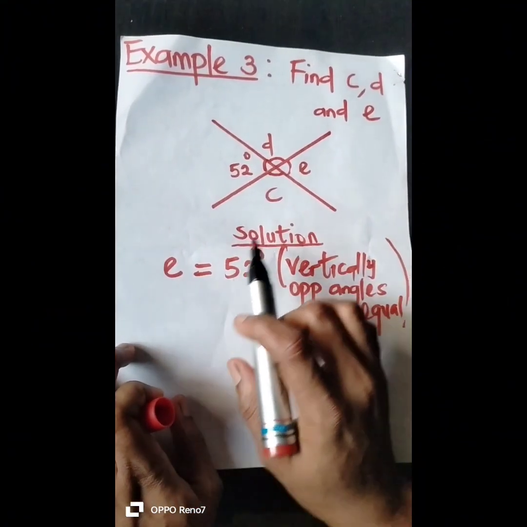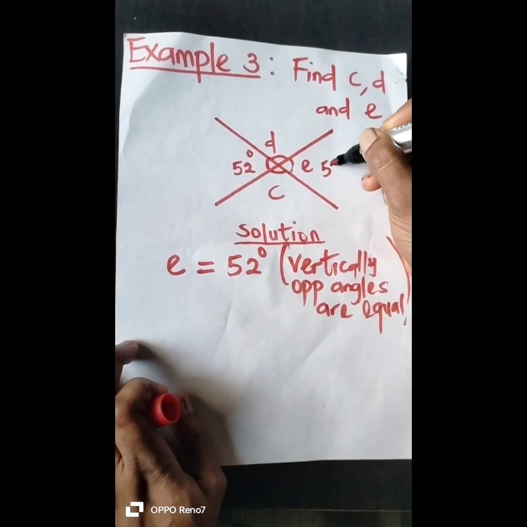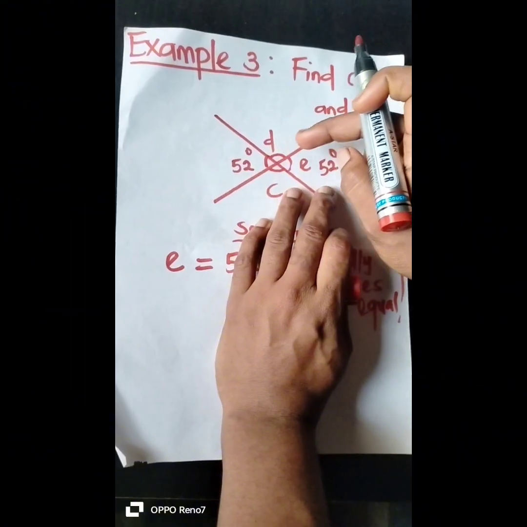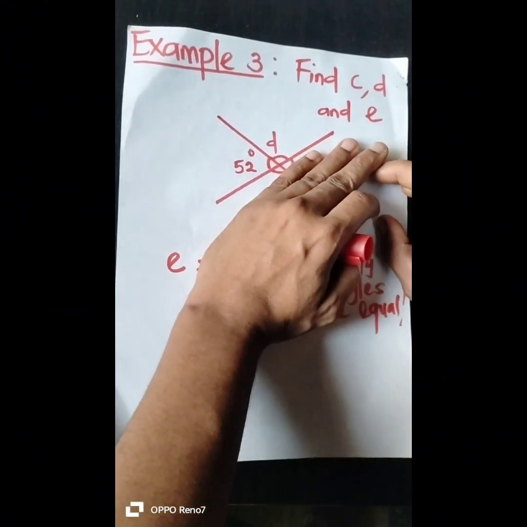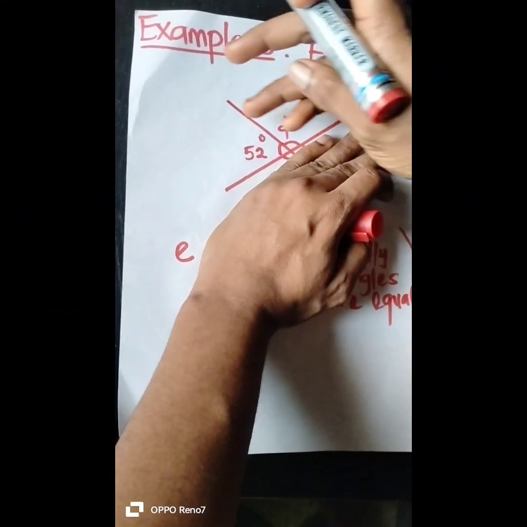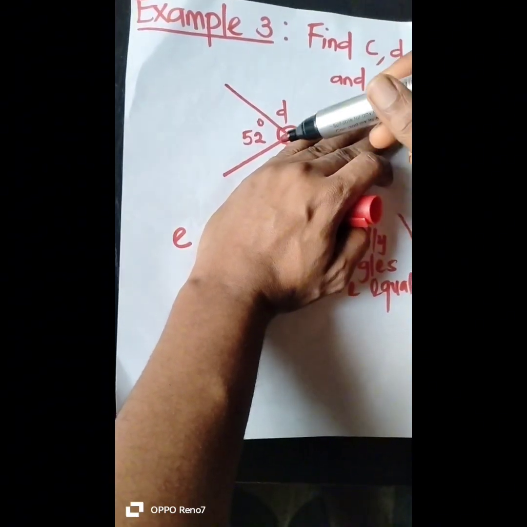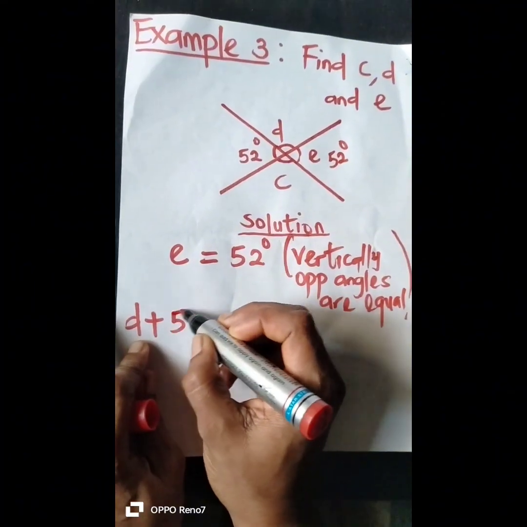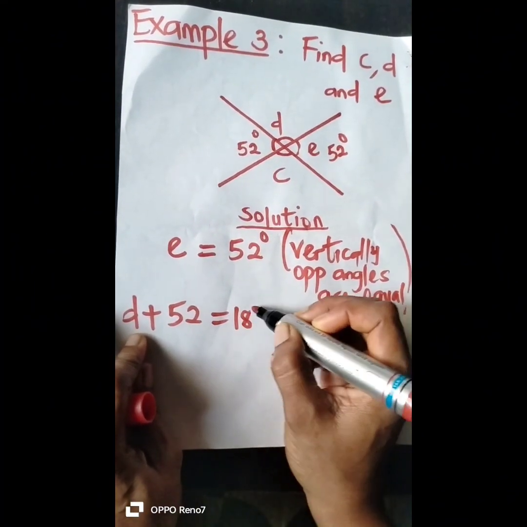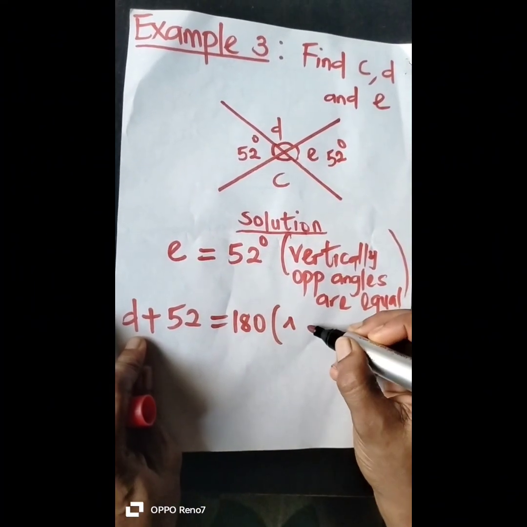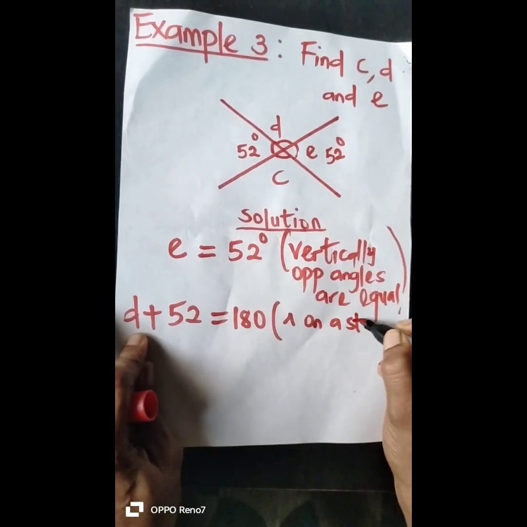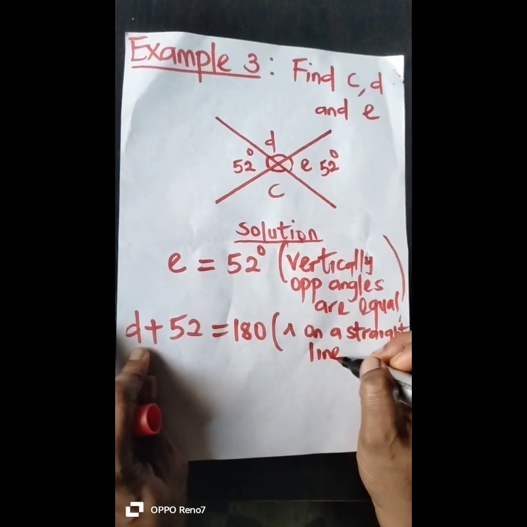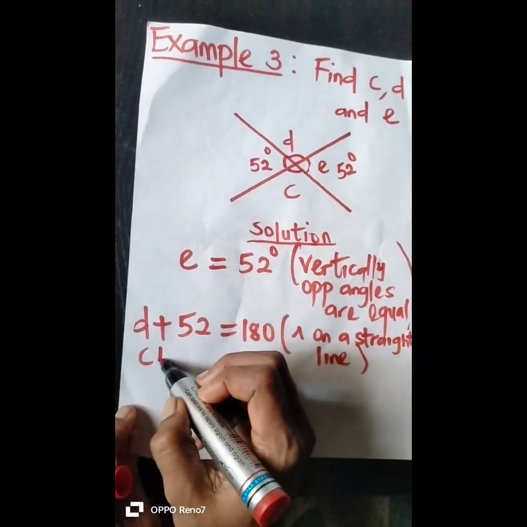Then since we have found 52 here, we can actually find D by doing it this way. When we look at it, we see something that looks like angle on a straight line. So we can say D plus 52 is equal to 180, angle on a straight line. So we can collect like terms from here.